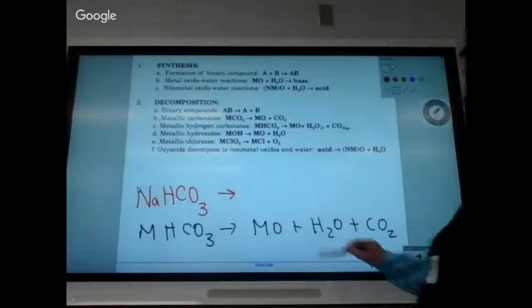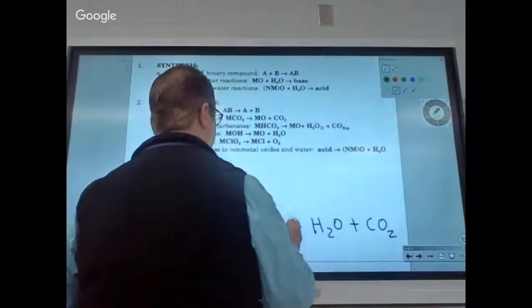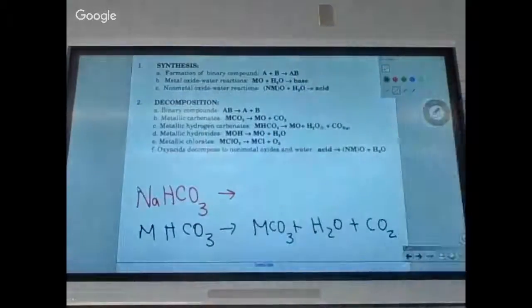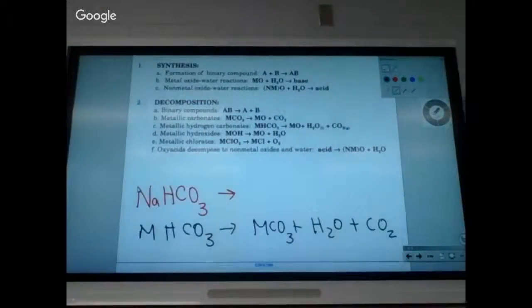I'm not going to question it because I'm not going to confuse you for the state test. It should be MO. Okay, so we'll write it that way because that's what it shows on your sheet. I'm a little confused as to why they wrote it that way, but it's all good.